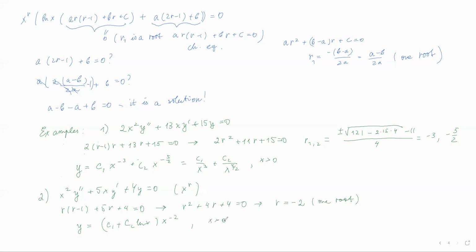And just the last case is left, case number 3, which is going to give us complex solutions. And that's going to be r(r minus 1) plus r plus 4, right? Again, I'm searching for a solution x to the power of r. And if you multiply everything, you are going to have r squared plus 4 equals 0, which is going to give you r equals plus minus 2i.